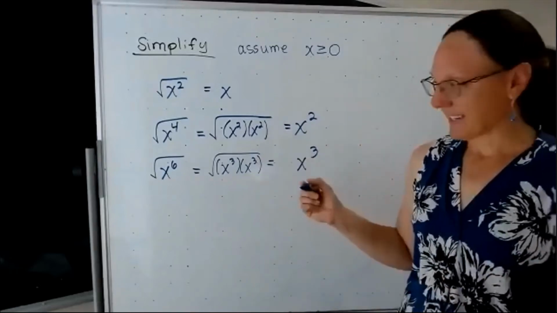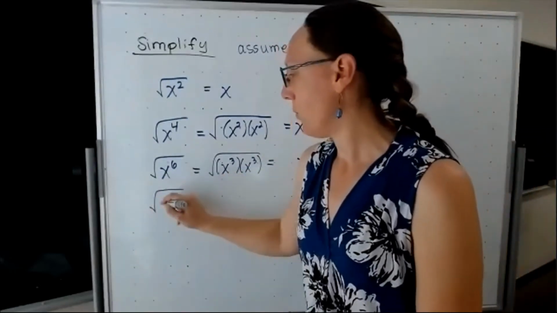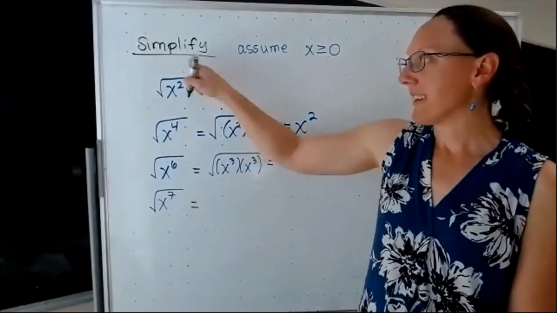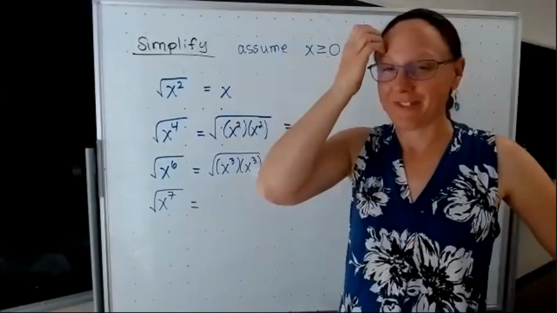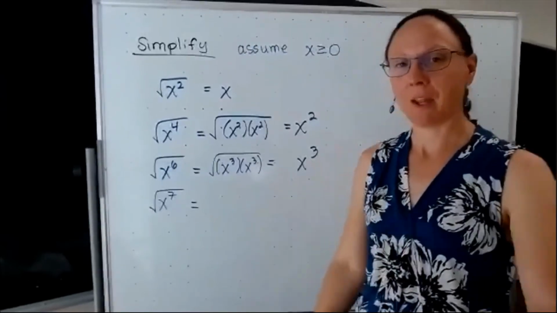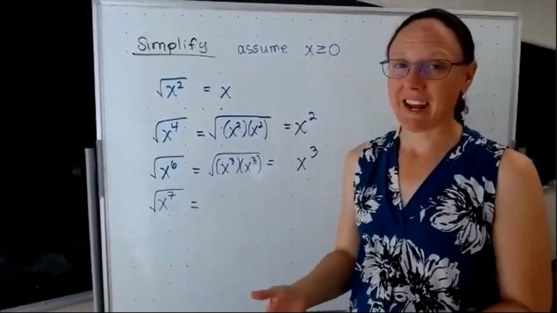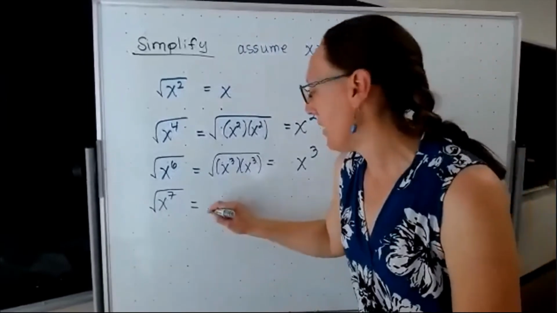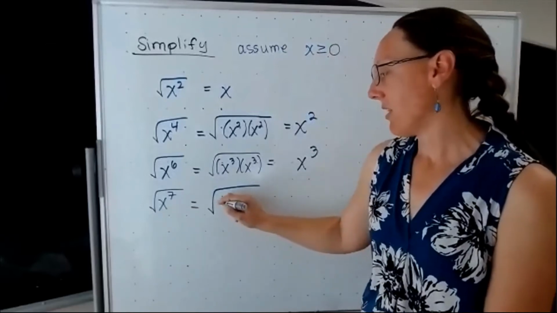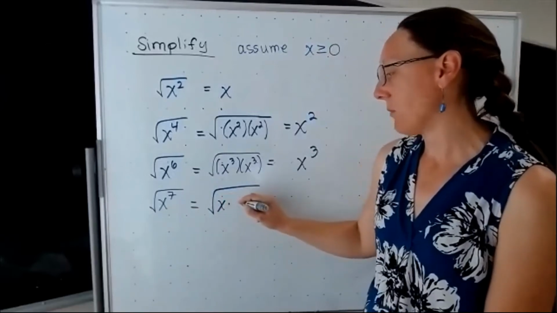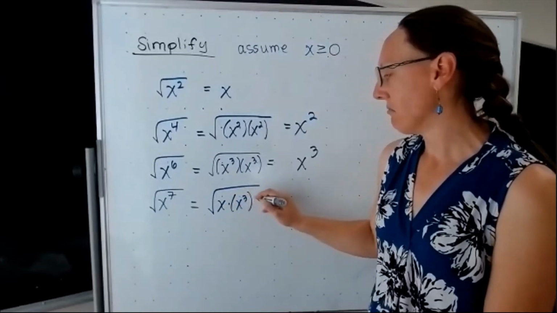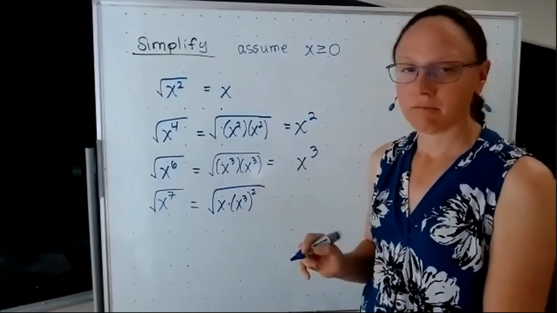Well, what if what's inside is less nice? What if this says x to the 7th? This is where those instructions to simplify are really weird, but I'm going to take that x to the 7th and rewrite it as x times x cubed squared.